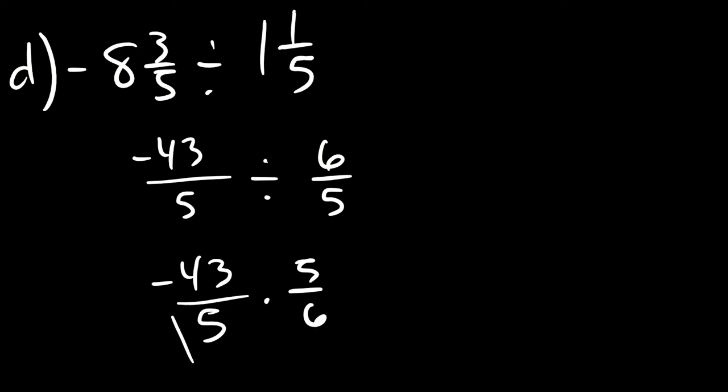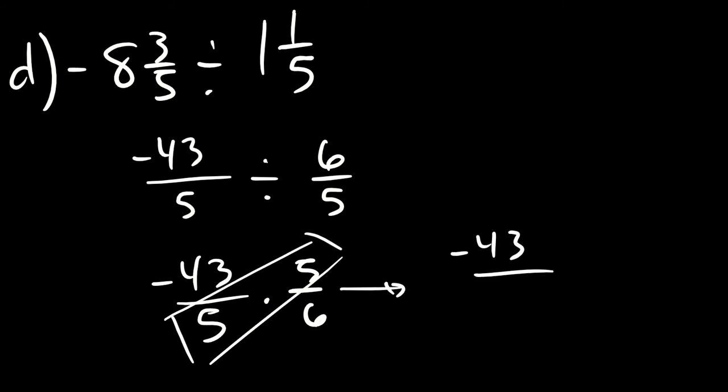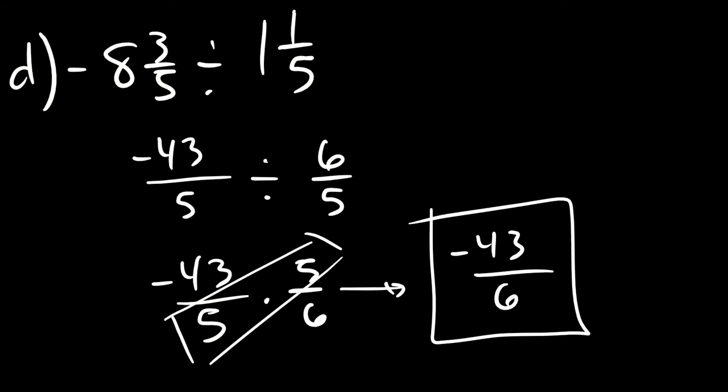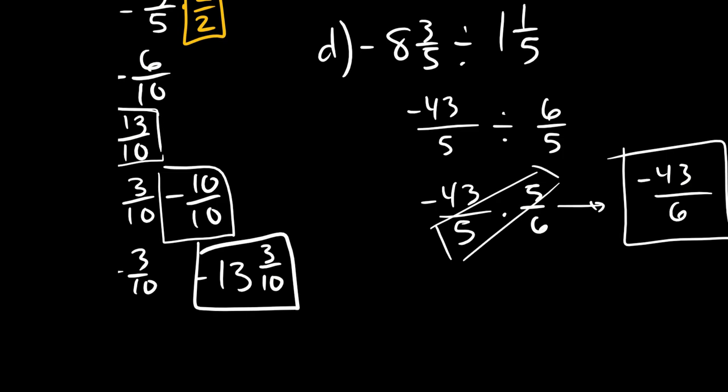This does form a giant 1, right? 5 over 5 is equal to 1, so I'm left with, in my numerator, a negative 43, and in my denominator, a positive 6. Pretty sure that 43 is not divisible by 6. No. So we're going to leave our answer there, negative 43 over 6. You can go to a mixed number if you want, but honestly, I always prefer the improper fractions.